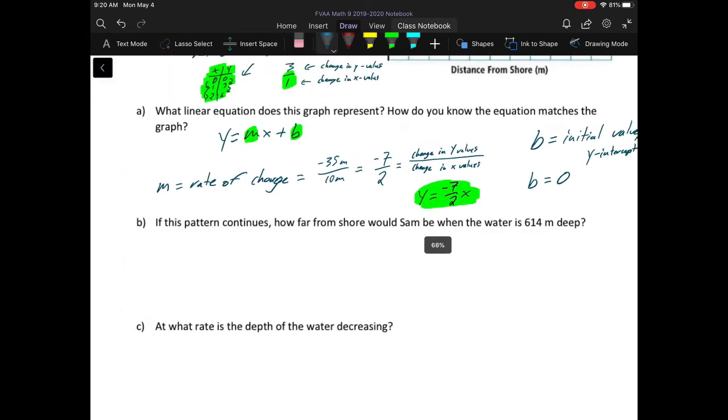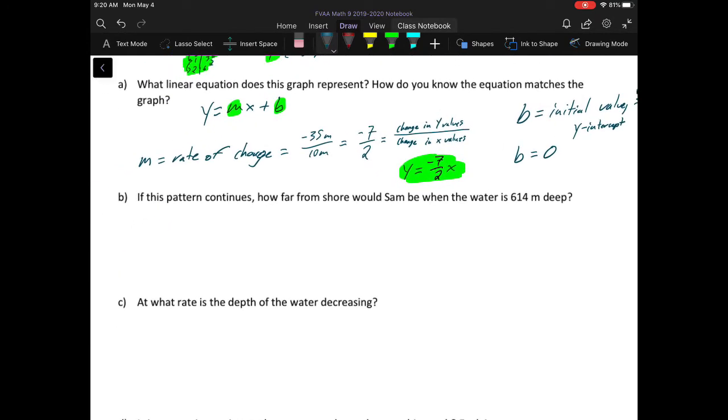Now let's see if we can use this equation to solve for some of these questions. If this pattern continues, how far from shore would sand be when the water was 614 meters deep? So here, is this the y or the x variable they're giving us in this question?